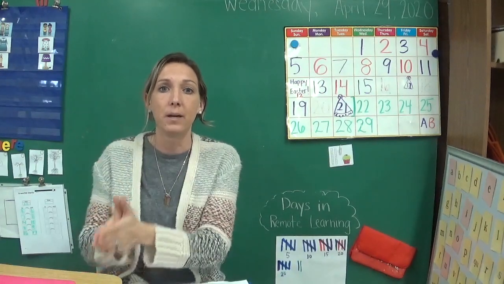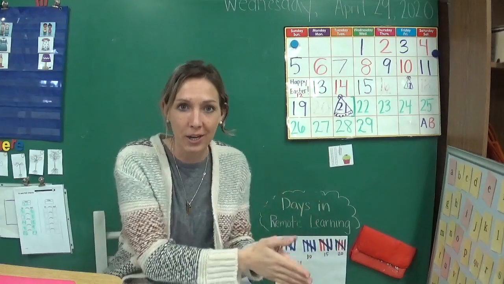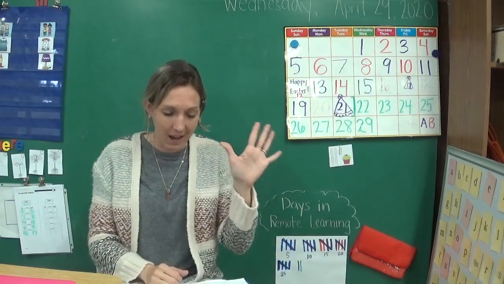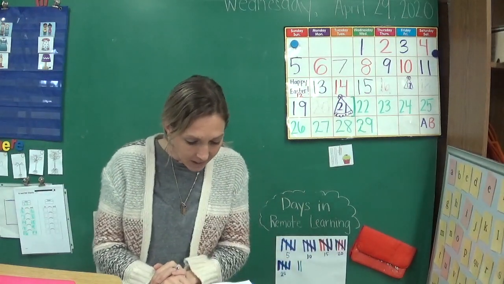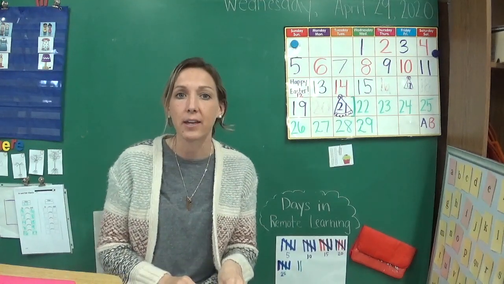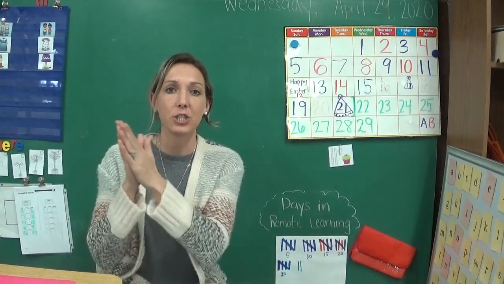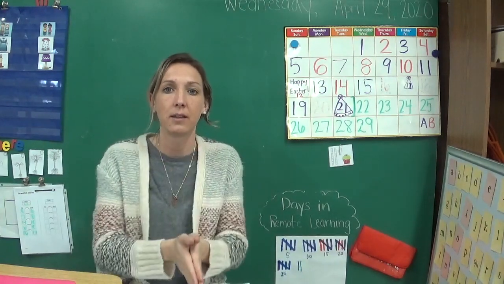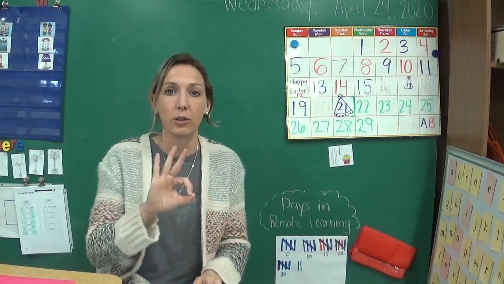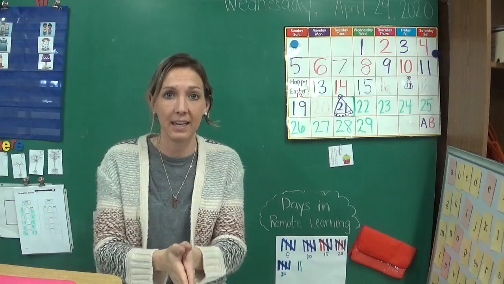So we have b, r, a, n, ch, branch. 5 sounds. Okay, one more. Let's finish with the word thick. Thick. You say it? Good, and let's chop our sounds. Good. 3 sounds. What are they? Th, i, ck. Thick.